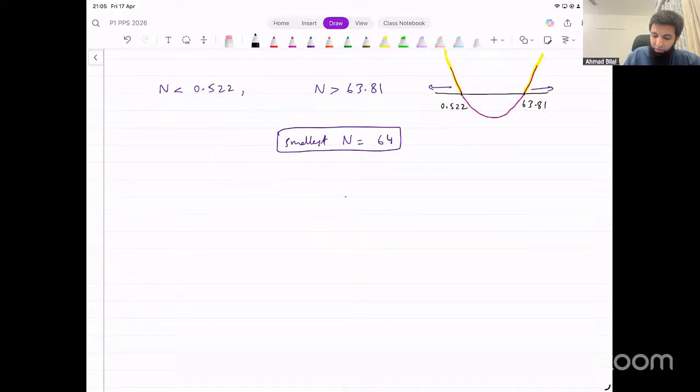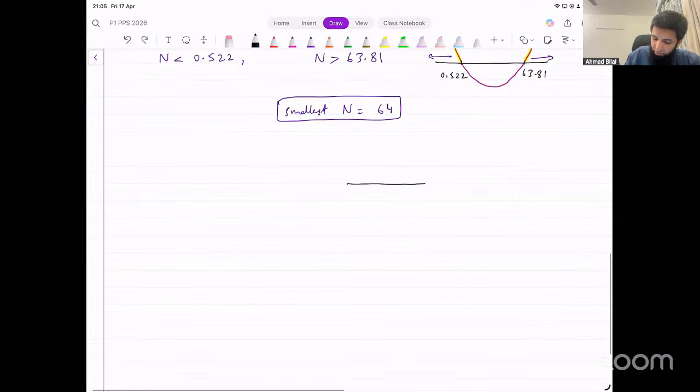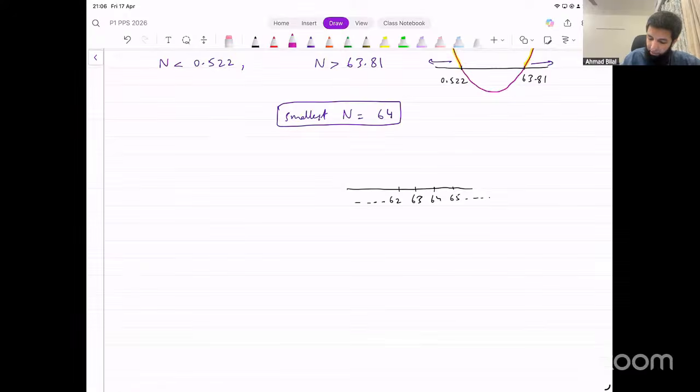You can think of it using a number line. We've got a number line like this on which we have these values 62, 63, 64, 65, and so on. The number that we're getting is 63.81. That will be somewhere around here.